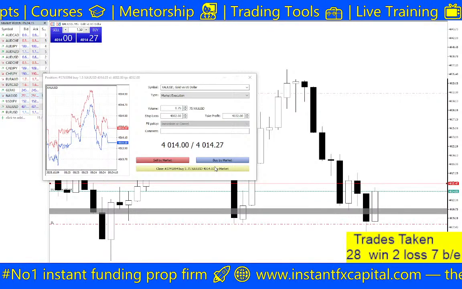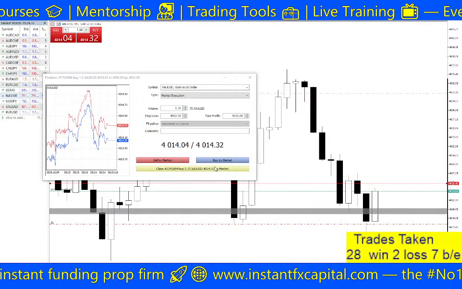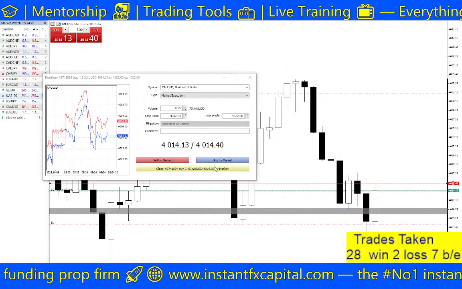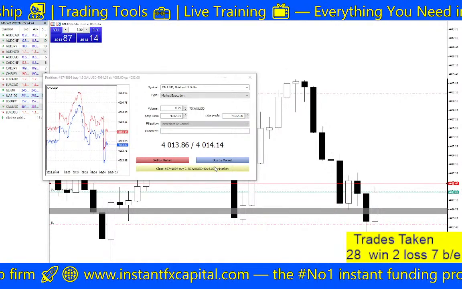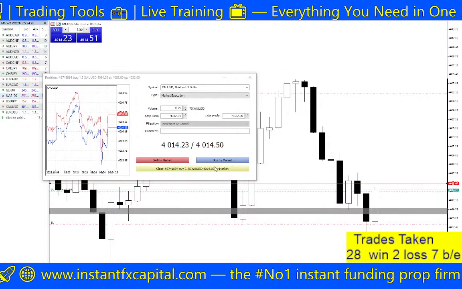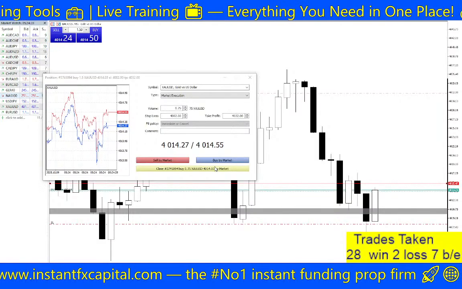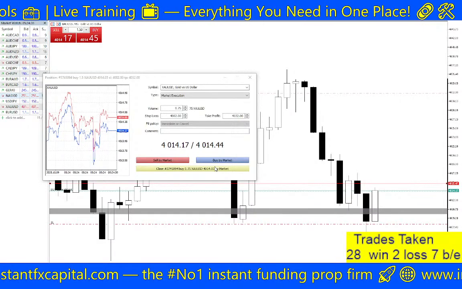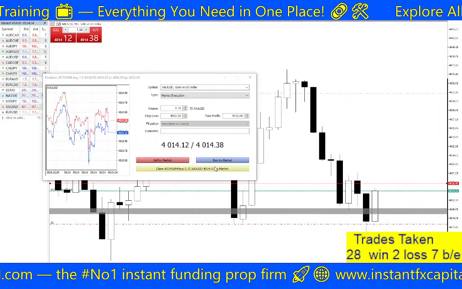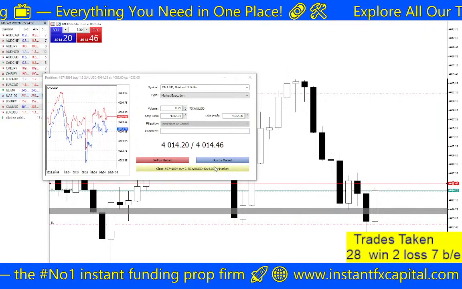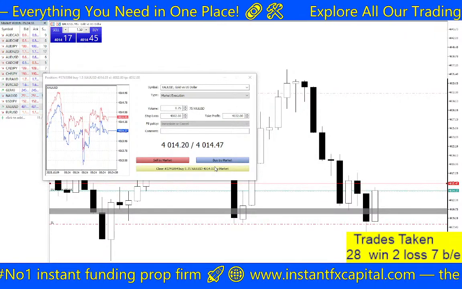See if we can push on a little bit. This is where I miss the magic keys now, where I can just hit that close half, stop loss at entry, having to do it all manually.